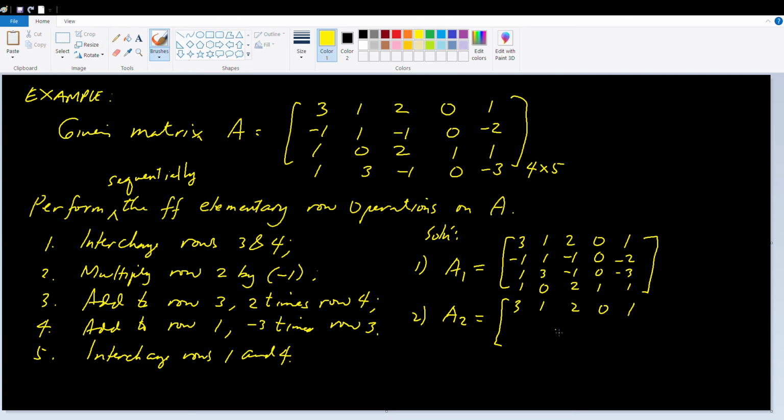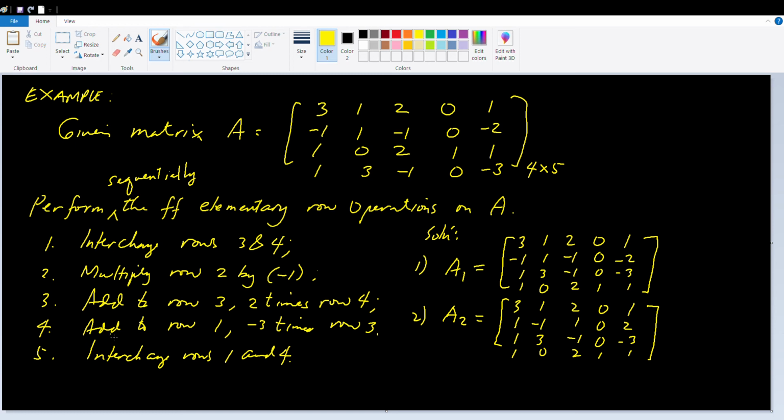But each element of row 2 is now multiplied by negative 1. So it becomes positive 1, negative 1, positive 1, 0, and positive 2. We retain the other two rows, rows 3 and 4. 1, 3, negative 1, 0, negative 3, and 1, 0, 2, 1, and 1. Alright?